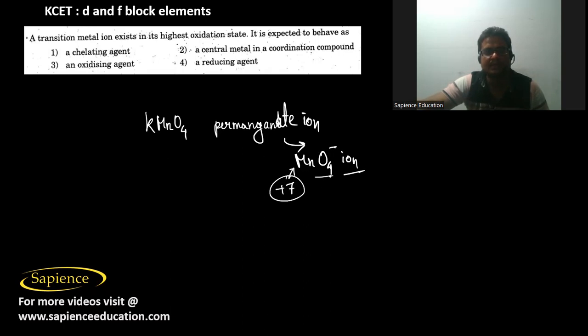So it can behave as a very good oxidizing agent. Hence, when a transition metal ion is in its highest oxidation state, it can act as an oxidizing agent. Option 3 is the correct answer.